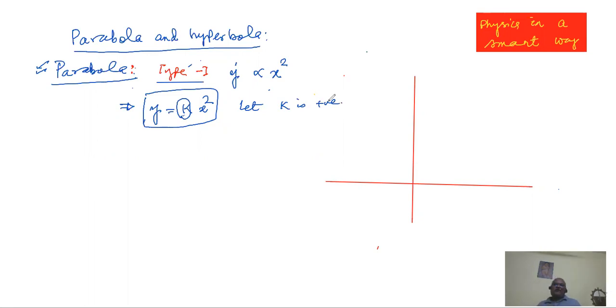K is positive, and on this issue, I have told you earlier that your 11th and 12th physics is basically the math up to your school level and a bit of common sense.